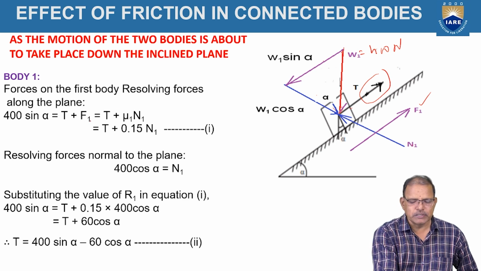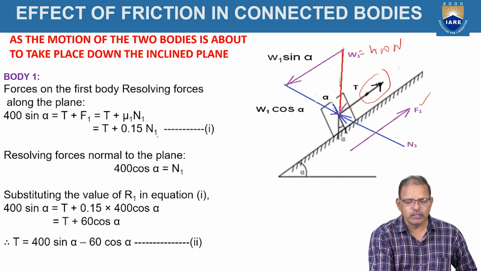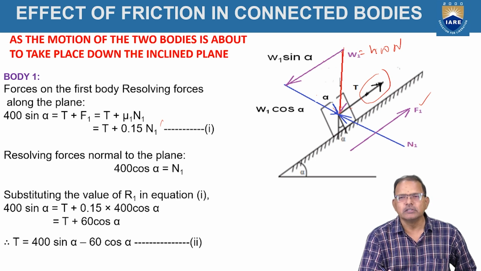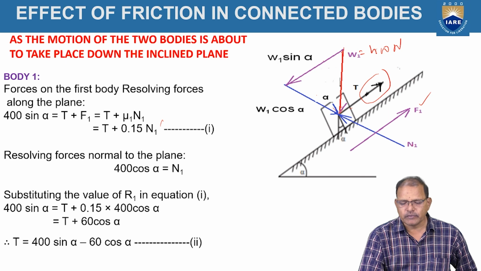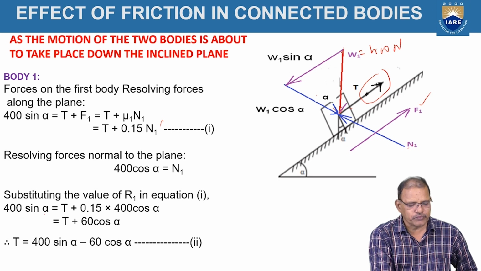So it is equal to T plus F1, which is T plus mu into N1, which is T plus 0.15 N1. Similarly, when the forces are resolved normal to the plane, W1 cos alpha acts downward and the normal reaction acts upward, hence 400 cos alpha is equal to N1.